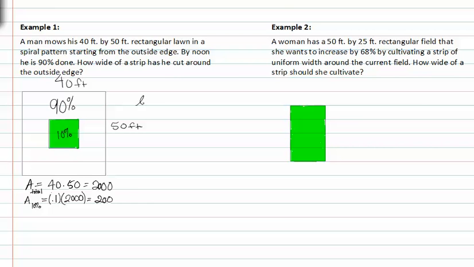As you may recall, length times width equals area, and we can define that area in the middle by subtracting 2x from both the 40 feet and from the 50 feet. So, 40 minus 2x times 50 minus 2x will give us the area left inside the 10%, which we know is 200 square feet.